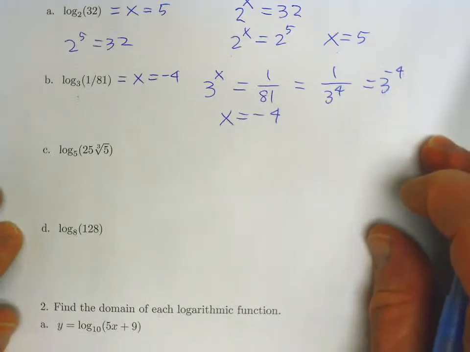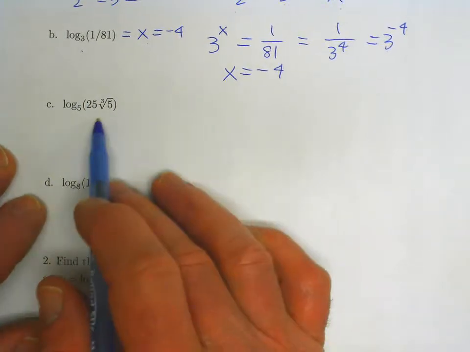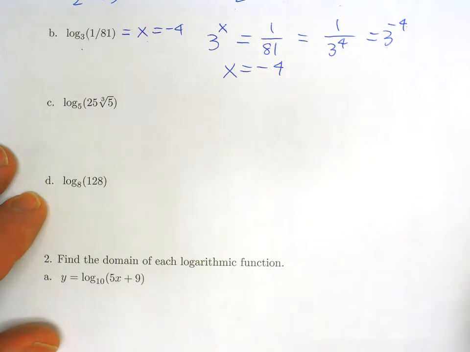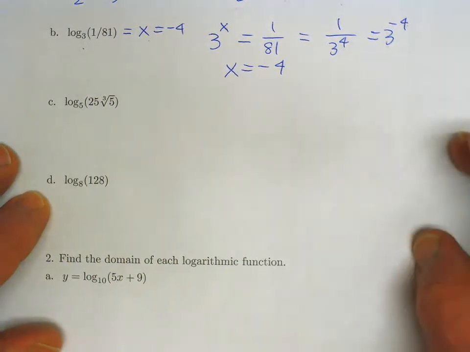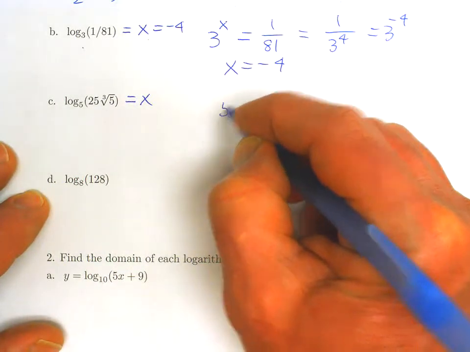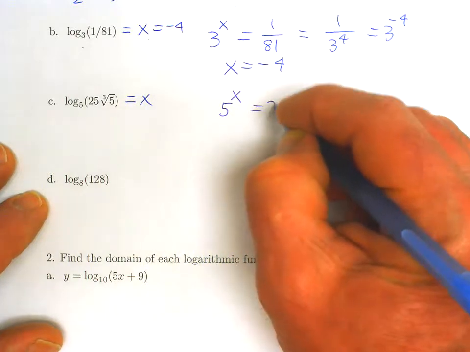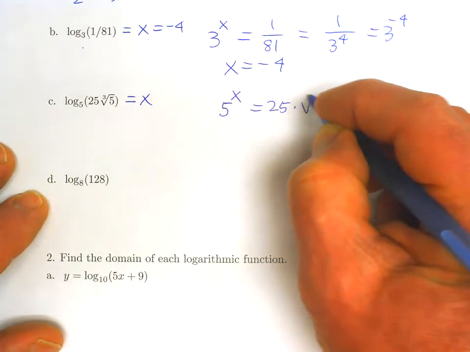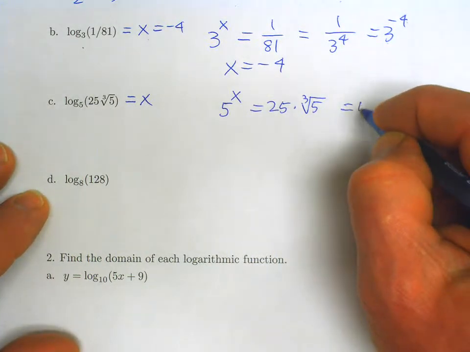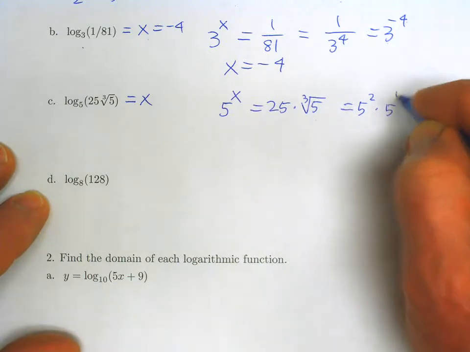Okay, the next one, it's along the same lines, but this is a little trickier. So log base 5 of 25 times the cubed root of 5. So let's say it's equal to x. Then the exponential equation equivalent: 5 to the exponent x equals 25 times the cubed root of 5. But 25 is 5 to the second, and the cubed root of 5 is 5 to the 1/3.